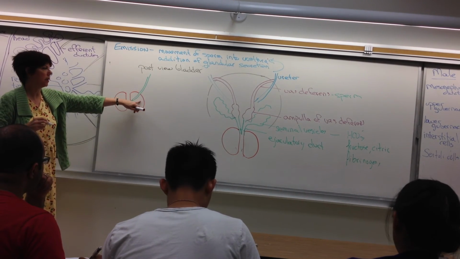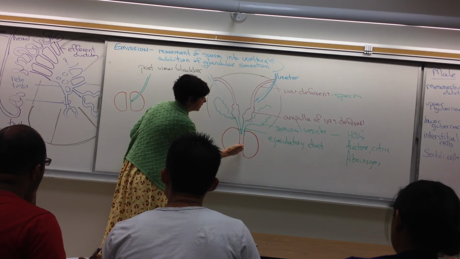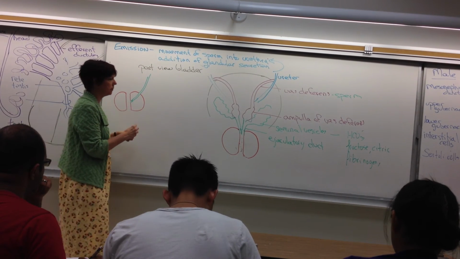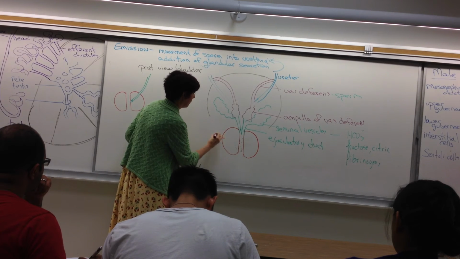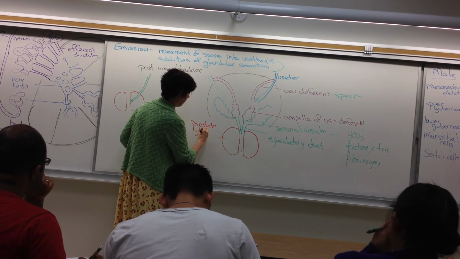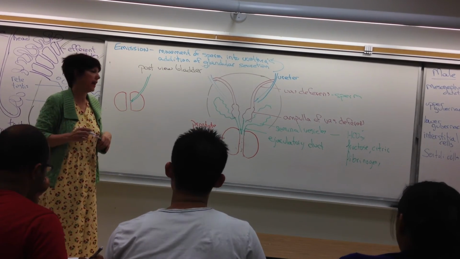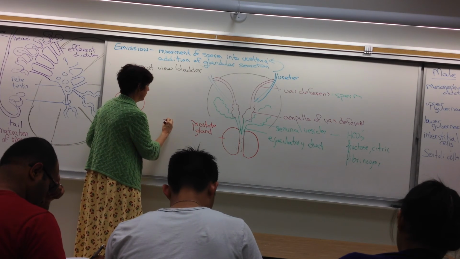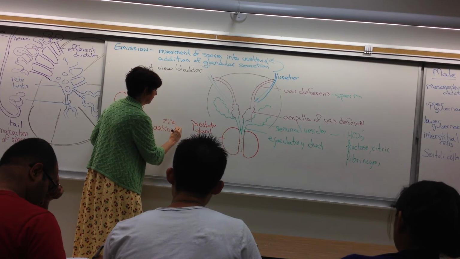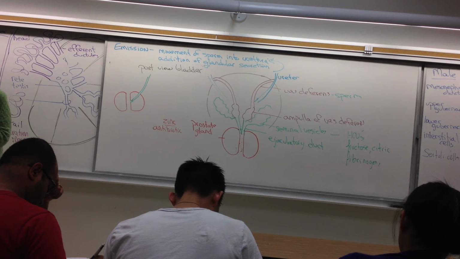Okay? So the prostate gland has a whole bunch of smaller, multiple ducts that secrete into the urethra. Prostatic secretions are a little bit more acidic, but they have a lot of zinc, which is an antibiotic, and other chemicals that help to protect the sperm.